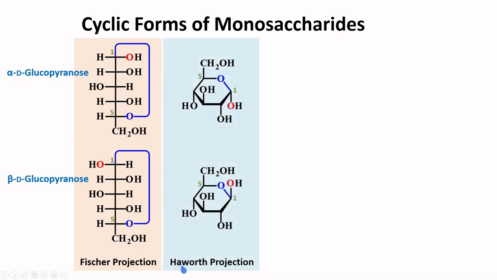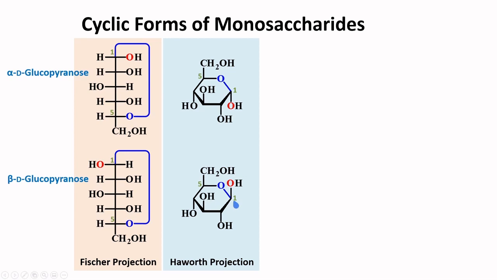One type of projection is called the Haworth projection. Here we use hexagons, wherein the oxygen is positioned on the upper right-hand corner, and the anomeric carbon is on the right side. The atoms or groups bonded to the ring carbons are shown connected by vertical lines.